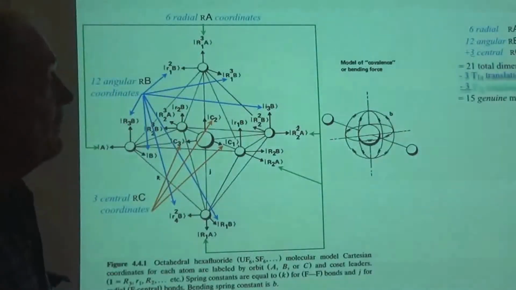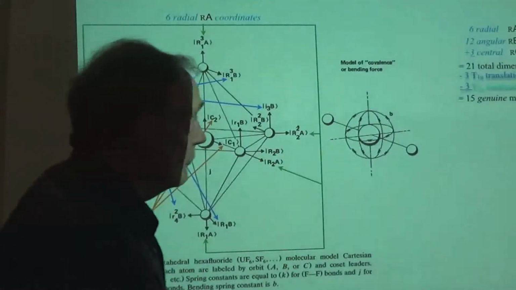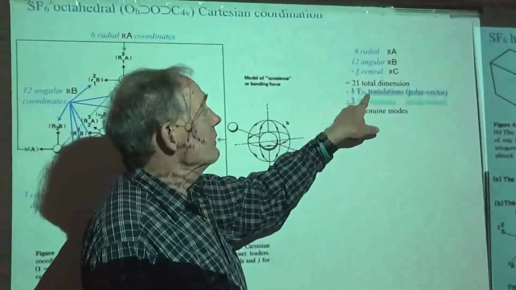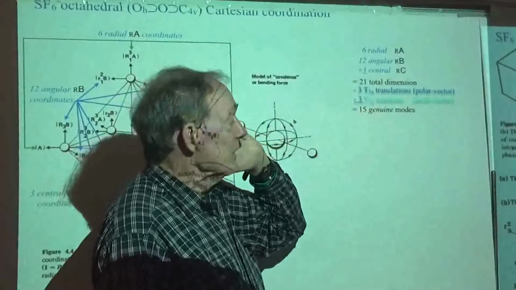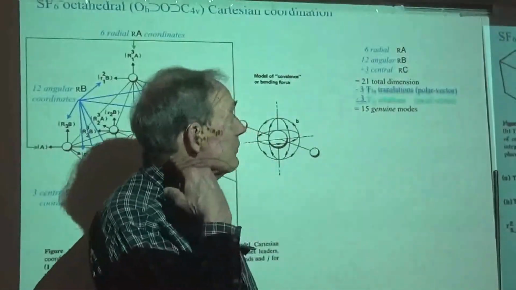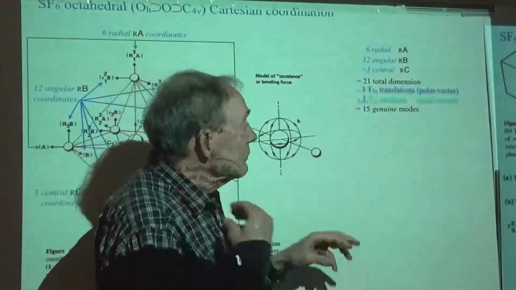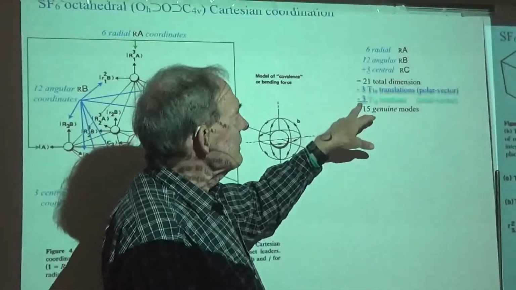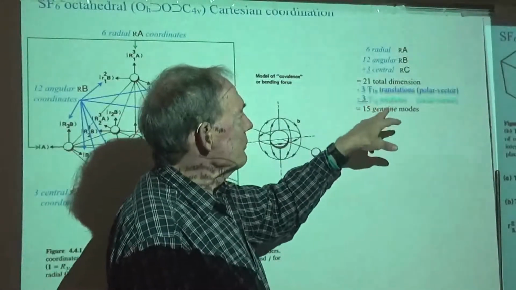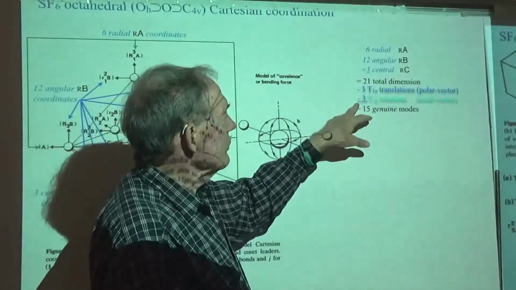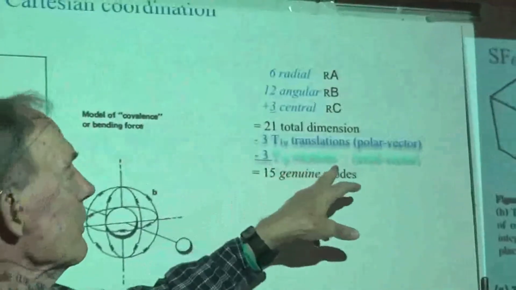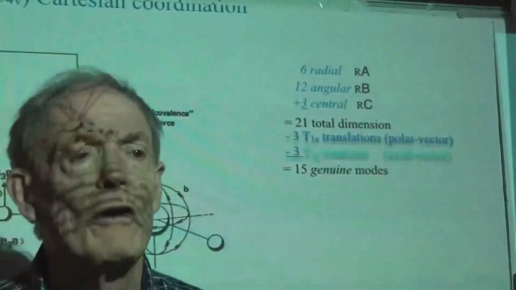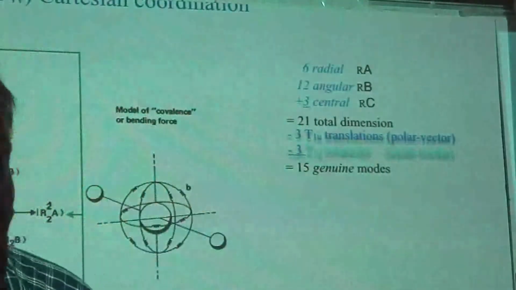Well, nature makes this a little easier because we're going to be able to subtract 3 translations that go with the T1U thing, and that takes a little bit of effort, and we're not doing it in the most elegant way, but we'll do it elegantly enough to get through it. And then a T1G doesn't show up too well here in this particular projection. That's another 3. That would correspond to the rotations, which we do by Euler angles and do much more elegantly.